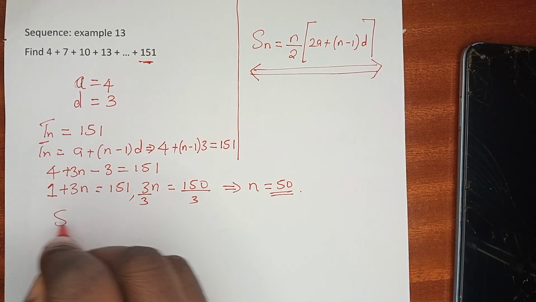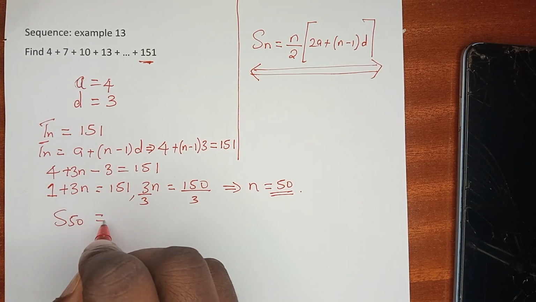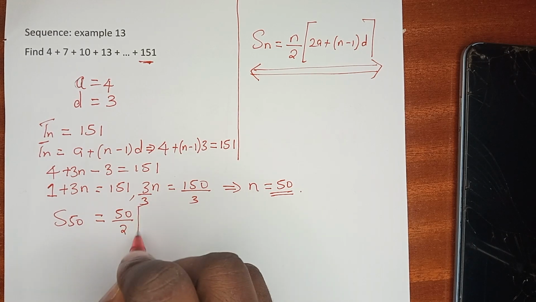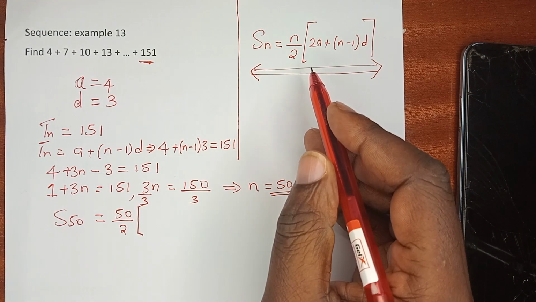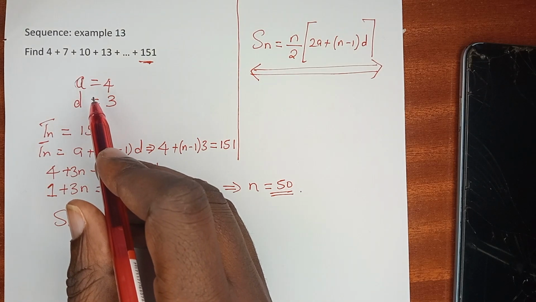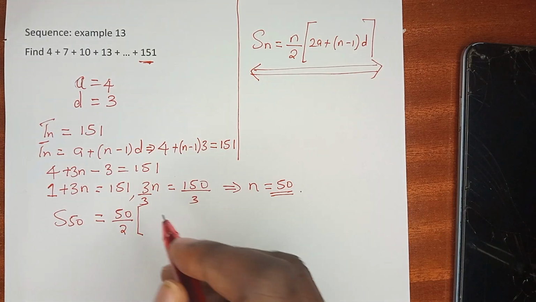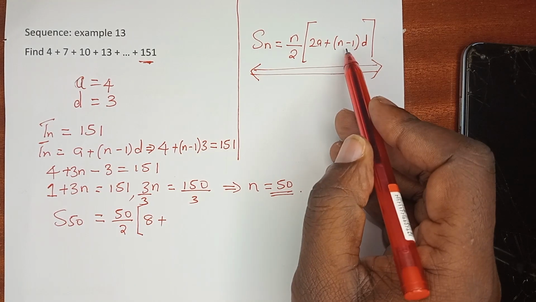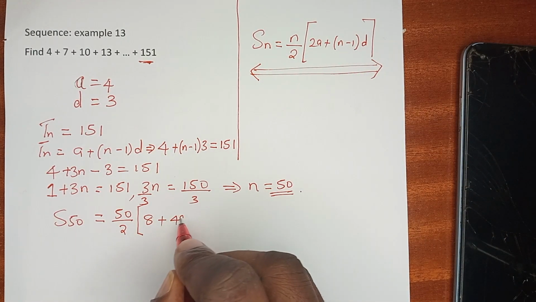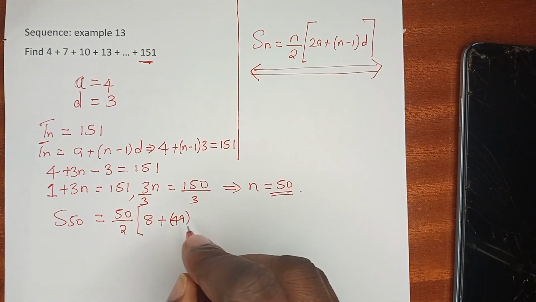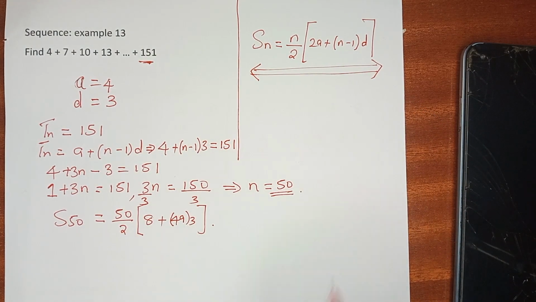So the sum of the first 50 terms is given by 50 itself, divided by 2, and then 2a, whereby a is 4, so 2 times 4, this is 8, plus 50 minus 1, now that we know n is 50, that is 49 multiplied by the common difference, which is 3, and then close the bracket.